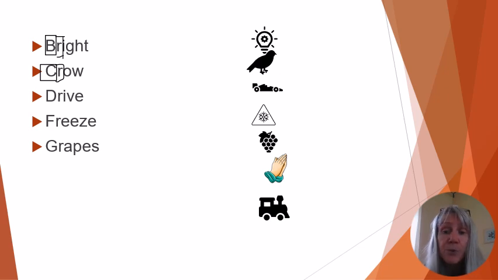Then I have pray. What are you hearing? P, R. So I have two consonants at the beginning of that word part or word representing two different sounds. I put a box around the P. I put a box around the R.